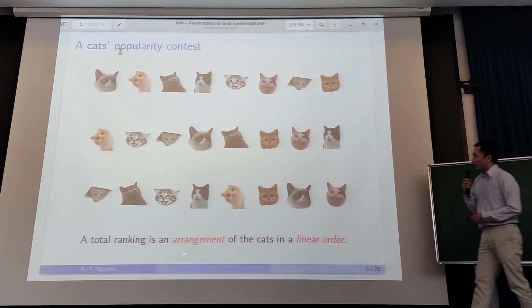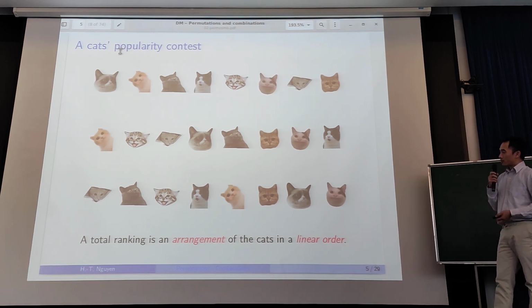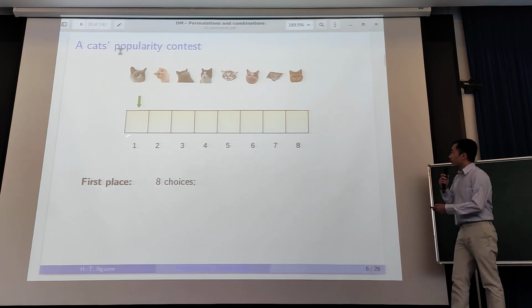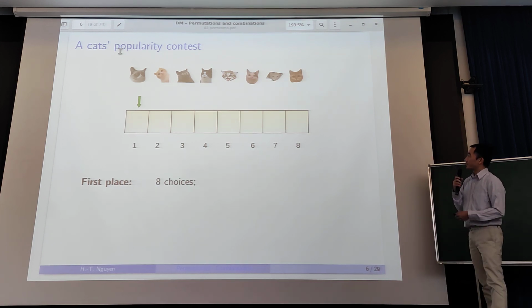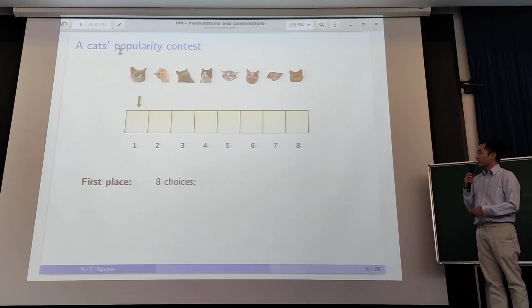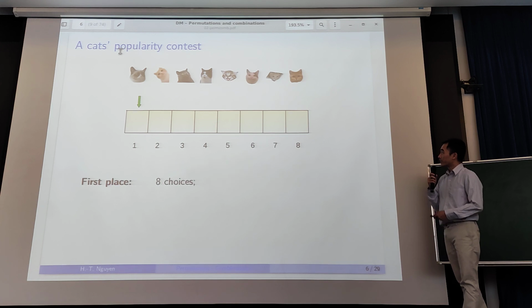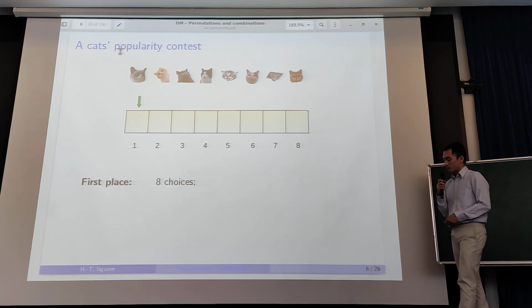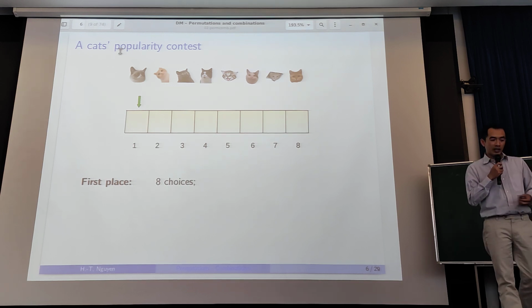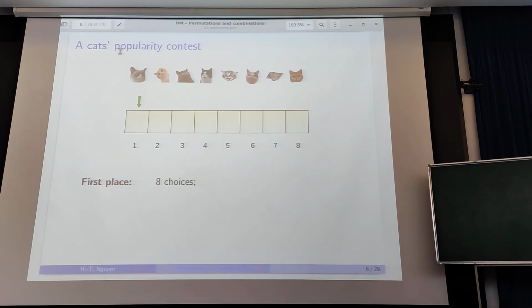So now, what we observe is that a ranking is a linear arrangement of the cats or of the objects or elements in the set. In general, okay? So we have a list, or we have 8 slots to fill, and we will fill the slots one by one, starting from the left and we go to the right. So the first place, we have all the cats available, so there are 8 choices, okay?